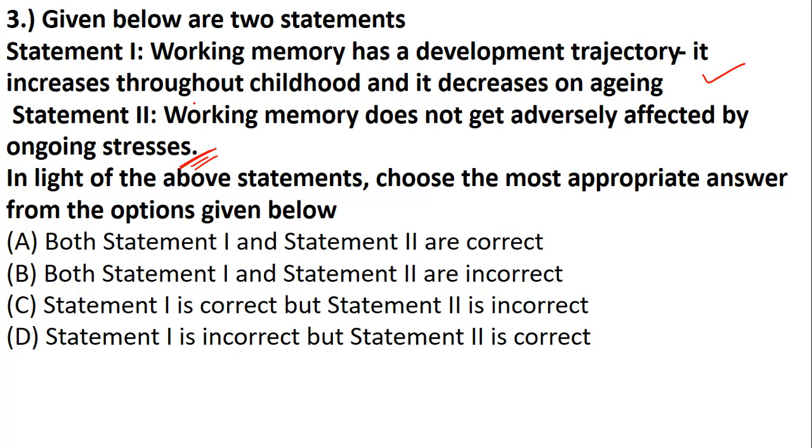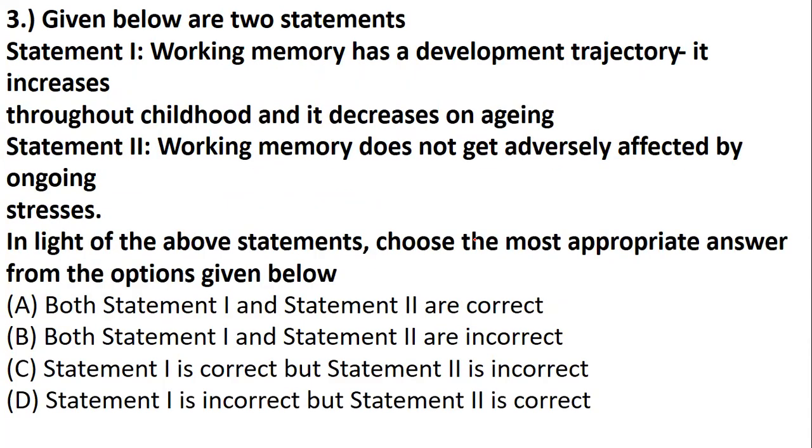So statement 2 here is incorrect, because they are saying it does not affect, but we know very well that working memory gets affected by ongoing stress. So the right answer here will be option C, because working memory is increasing in childhood, decreasing in aging, and working memory does get affected by stress. So statement 1 is correct, statement 2 is incorrect, right?